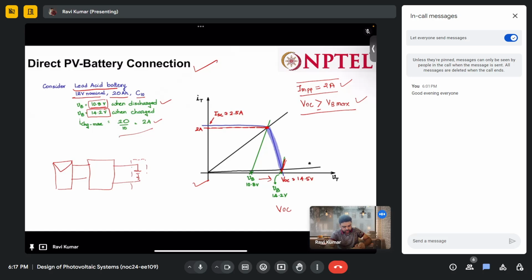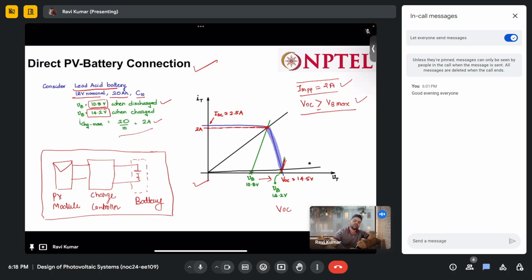This is our battery. This is our PV module, and this is our charge controller. In this condition, this configuration will be followed. In this particular configuration, we have 3 different components.